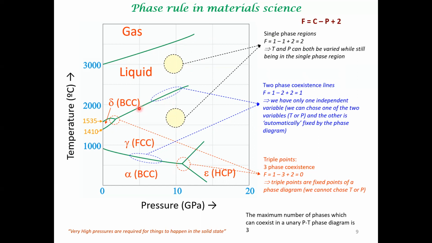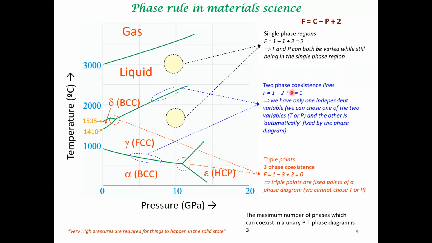Let us move on. Let us look at a two-phase coexistence region. So in this region, the liquid phase is in coexistence with a particular solid phase. So C remains 1. The number of phases is 2. So C minus P plus 2 happens to be 1. That means I can vary only one thing independently.